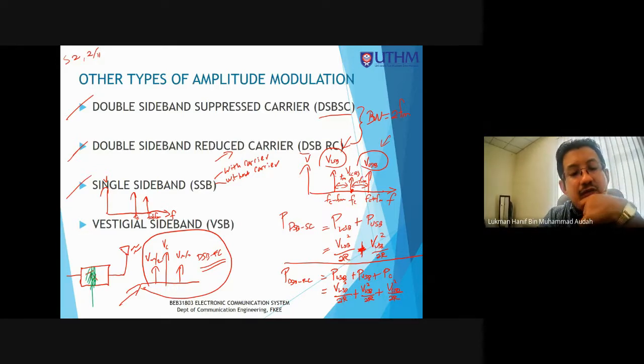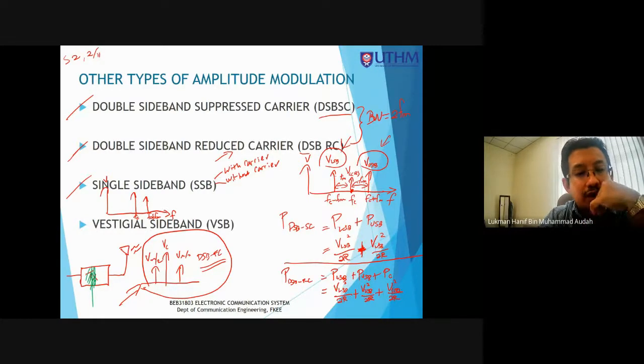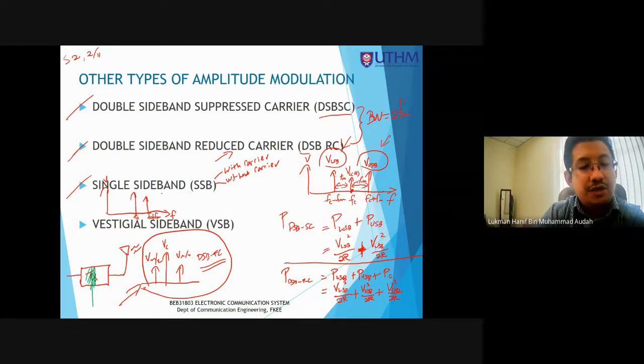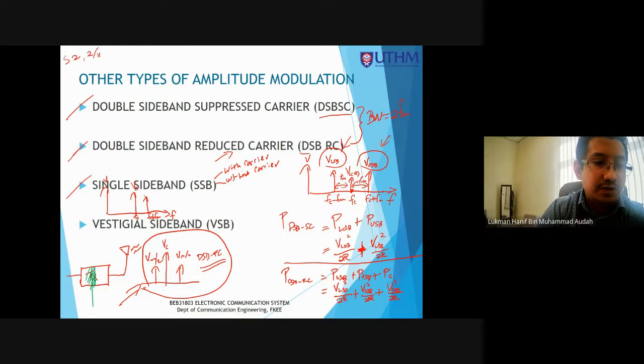What about the power calculation for single sideband with carrier? If you see from here, I have two components: the carrier component and the upper sideband component. This is Vc, this is Vsb. Remember that Vsb is not equal to Vm over 2. What its value is, we will see later.